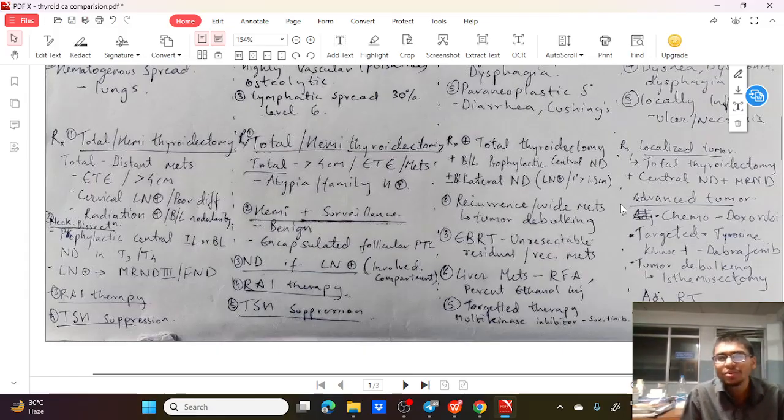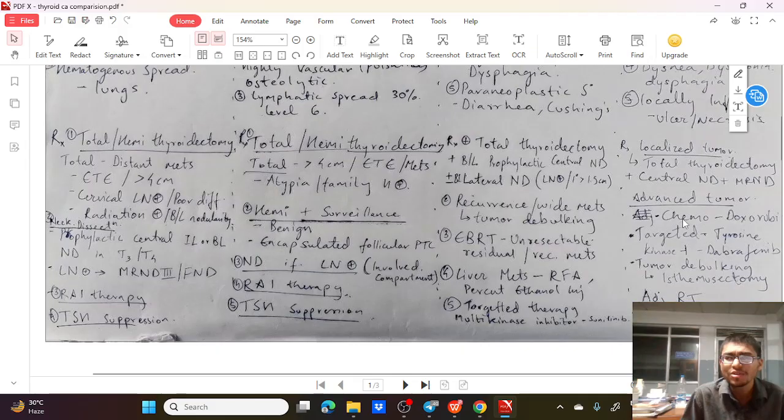Then lastly, coming to the anaplastic neoplasms, these will need total thyroidectomy again because these are aggressive, and we'll go for central neck dissection, and along with that a modified radical neck dissection depending on the invasiveness. Generally it is type 3.